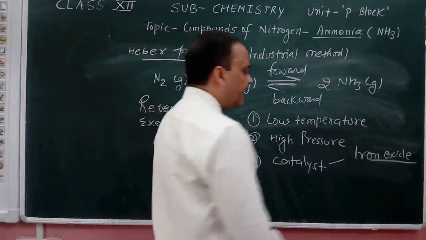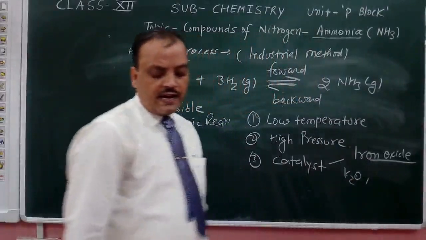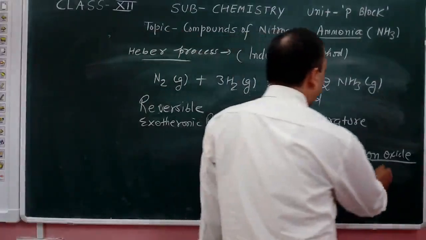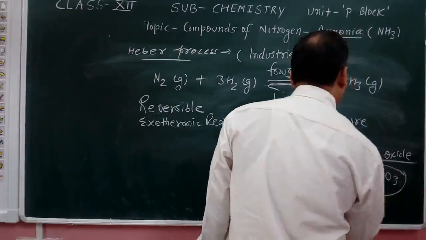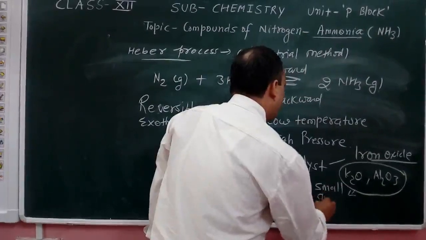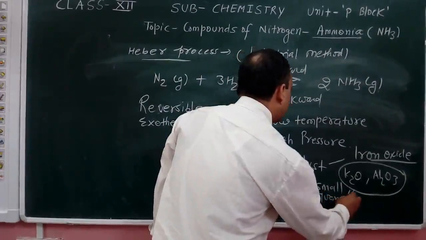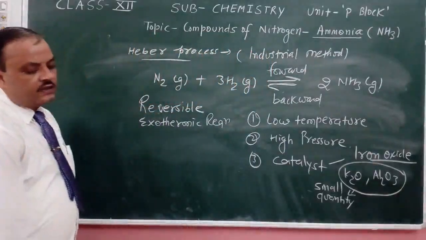Other metal oxides like K2O and Al2O3 are also used in small quantity with the iron oxide.